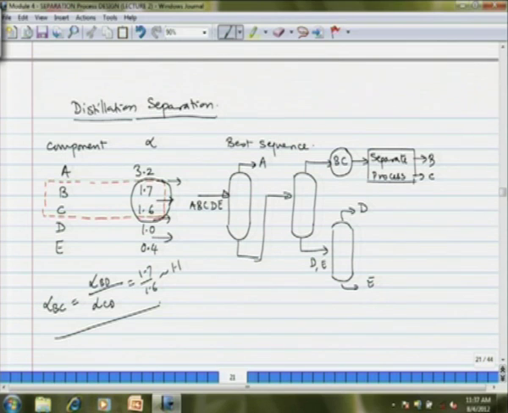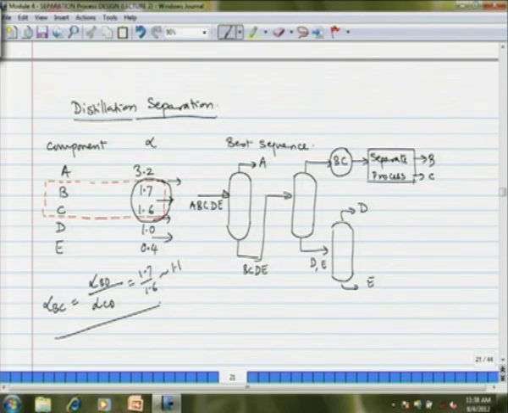Now, what I have shown on the side is the best sequence for the separation of such a mixture. In the first column, all the 5 components, A, B, C, D, E, go in. A is taken off, and then B, C, D, E flow to the next column.